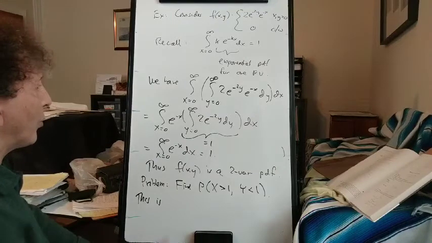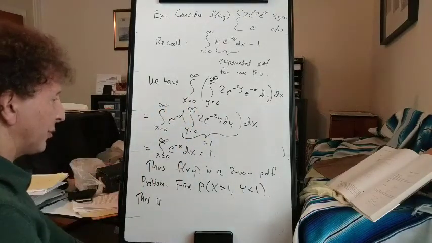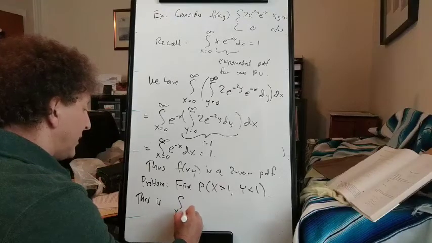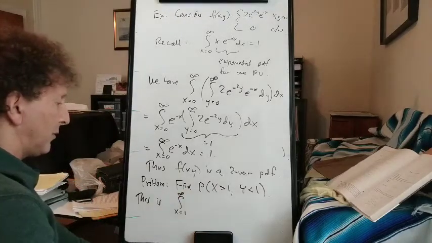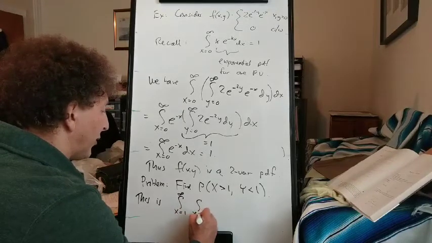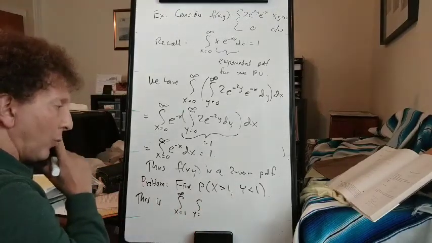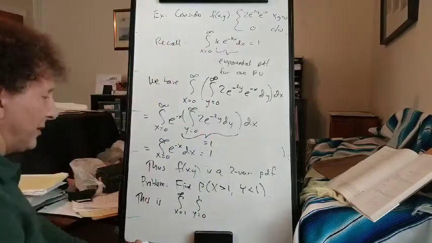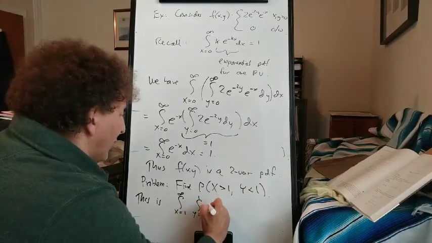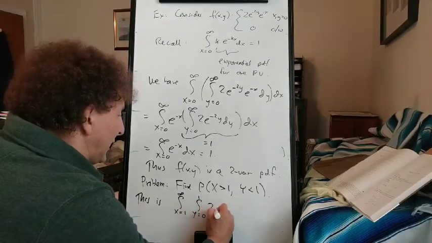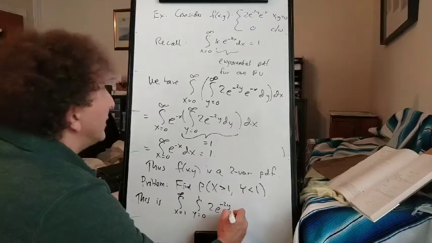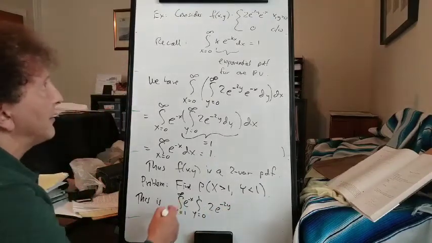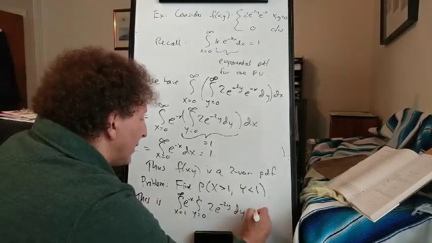So if we do this in the same order, let's say the y integral first and then the x integral afterward, we want the integral from 1 to infinity of x, and then the integral from negative infinity to 1 for y, but we can get away with saying 0 to 1 because of the way this is defined. So the integral from 0 to 1 of 2e to the negative 2y e to the negative x, and I might as well write the e to the negative x out here because it doesn't have any y's in it, dy dx.